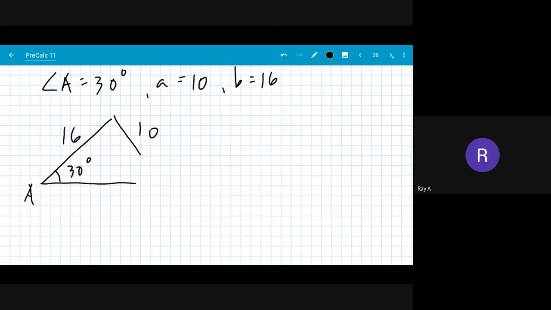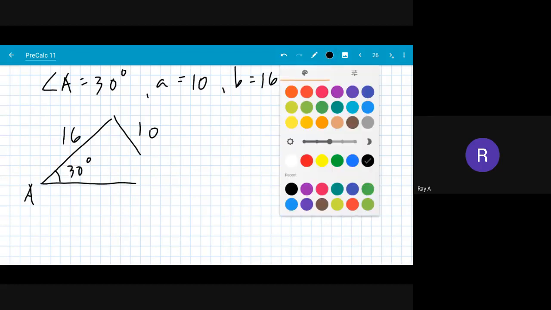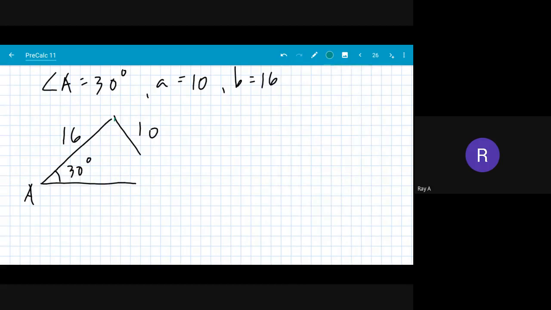So, how can you tell if there is no triangle, there is one triangle, there are two triangles? So once again, it's about the H, right? So let's create the H or the height.